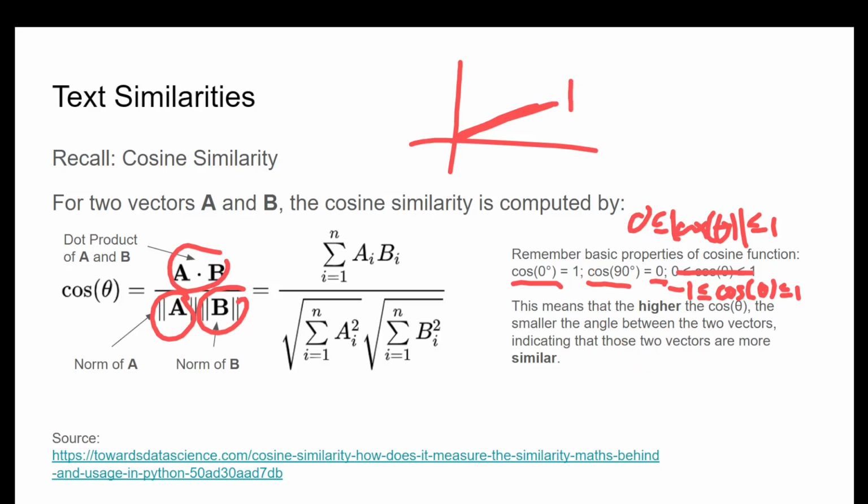And indeed, it is very similar because these two are basically the same factors. And the lower the cos theta value would indicate that the two factors are more dissimilar.